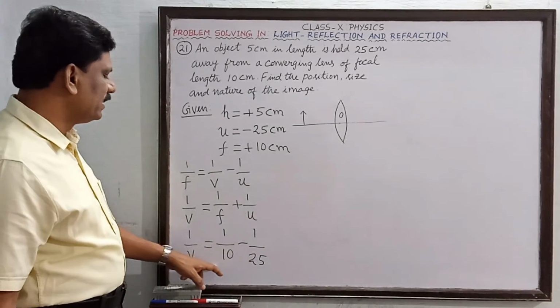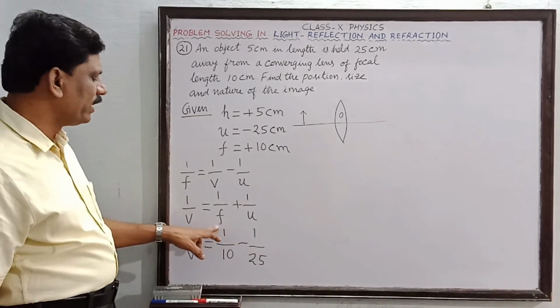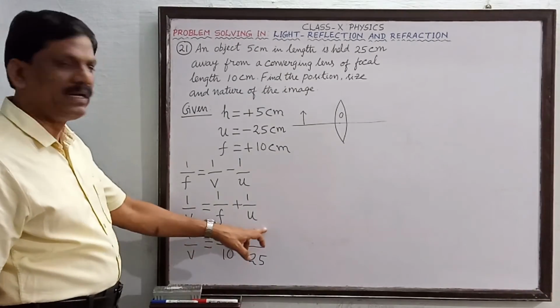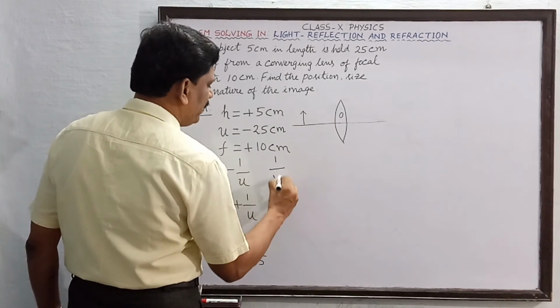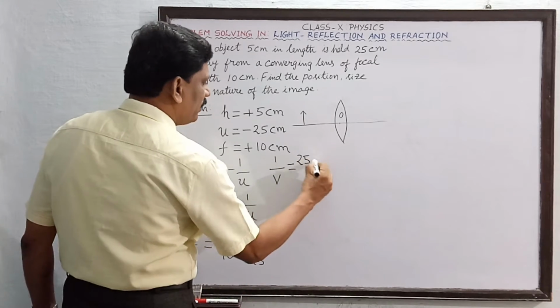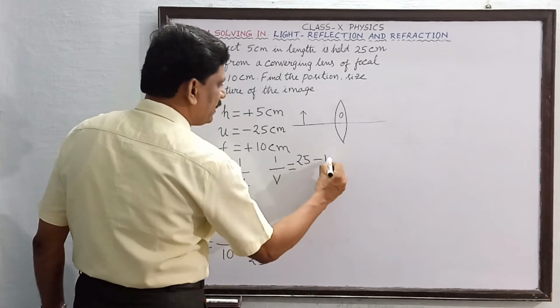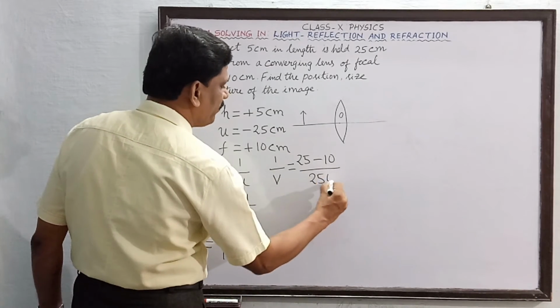So I can take the LCM in a different way. Now 25 into 1, 25, minus 10 into 1, 10. Like that also I can do. So now 1 by v is equal to 25 into 1 is 25, minus 10 into 1 is 10, divided by 10 into 25 is 250.